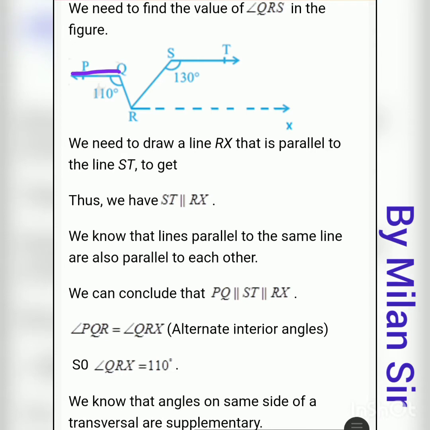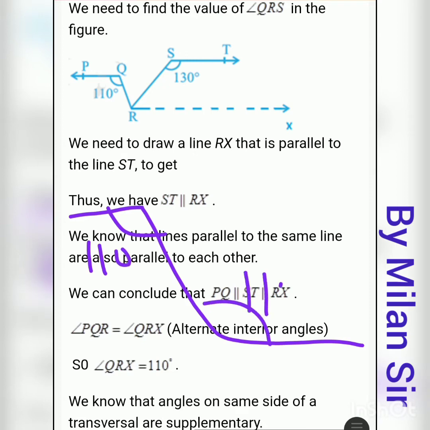Here we have one Z shape, so these two angles are the same. Here it is 110, so this is also 110, because in a Z shape these are alternate interior angles, and alternate interior angles are equal.